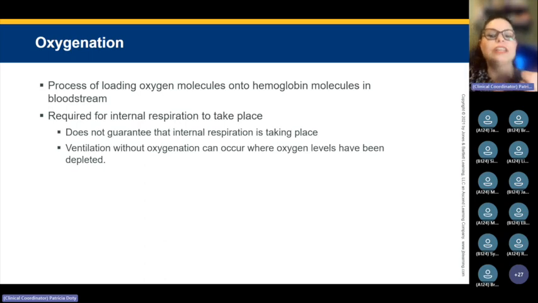In places where oxygen levels in the breathing air have been depleted, such as in sometimes mines, confined spaces, high altitudes, when you go up, they have what's called blood doping. In sports such as track and decathlons or triathlons, biking mostly.